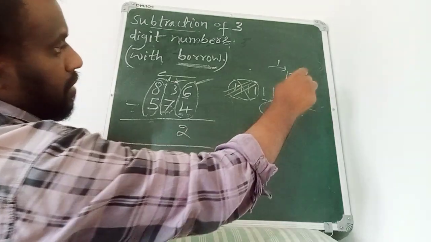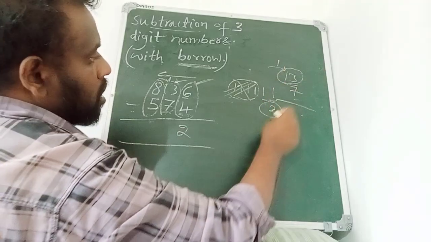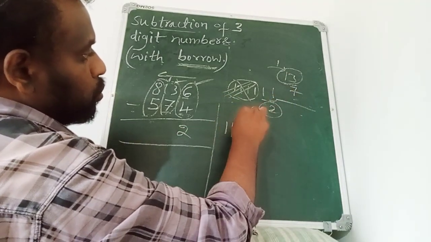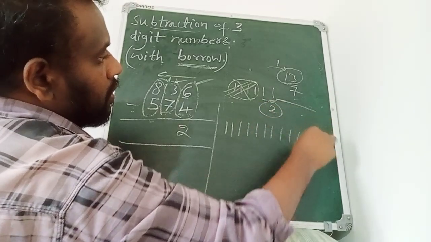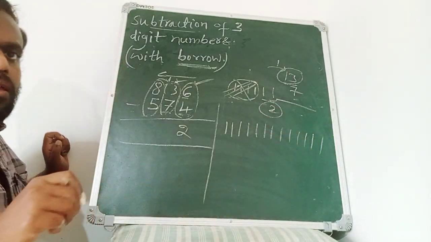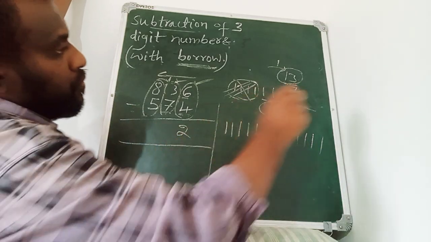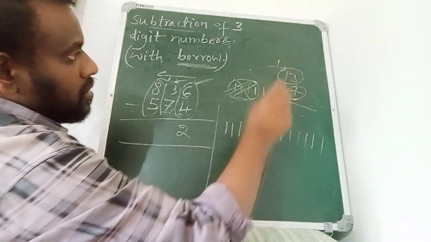Now 13 minus 7 is what? First draw 13 lines. This is the top number. 1, 2, 3, 4, 5, 6, 7, 8, 9, 10, 11, 12, 13. 13 lines have been drawn. Now from that we have to subtract this 7.